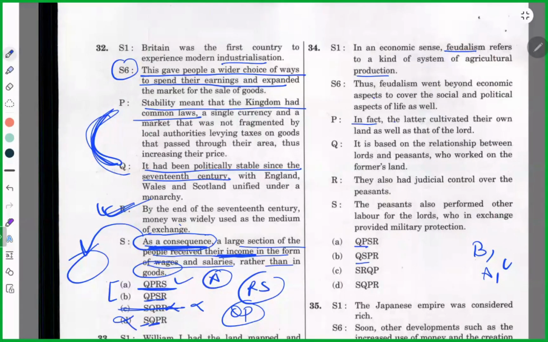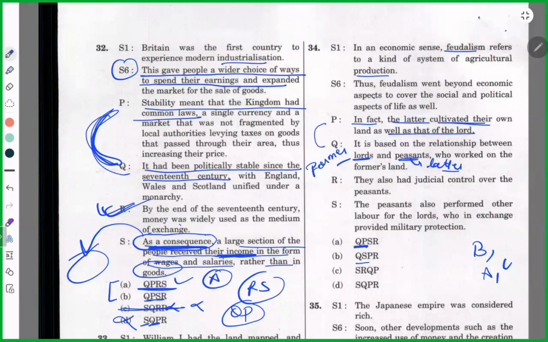"In fact, the latter cultivated..." Latter means the one after, so first comes the former. In terms of position, remember this grammatical rule: the latter is the after one. "The latter cultivated their own land as well as that of the lord." Yes, so QP is a connection here.